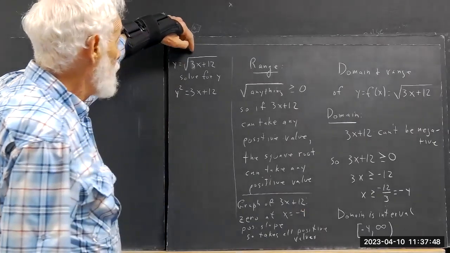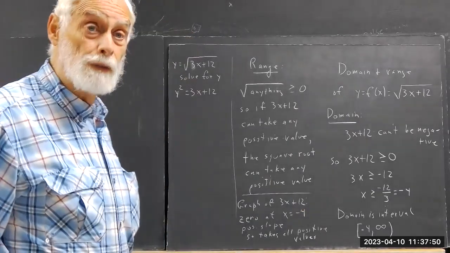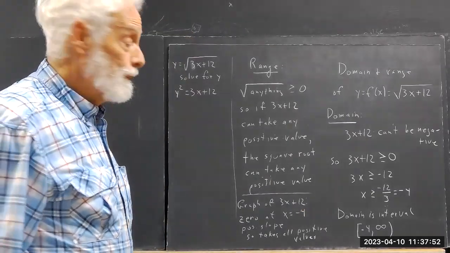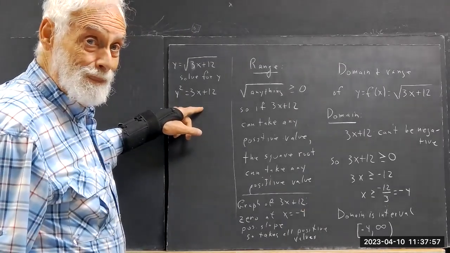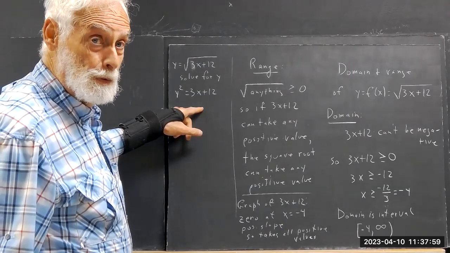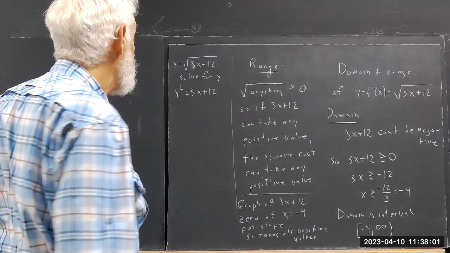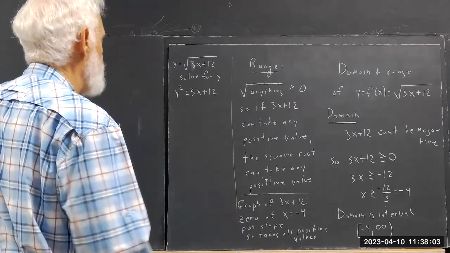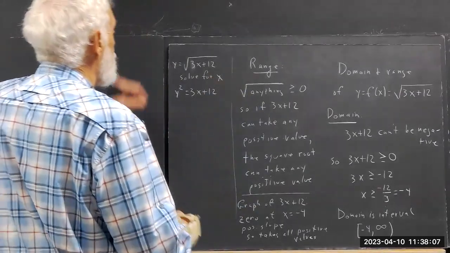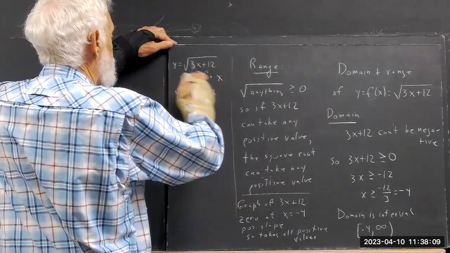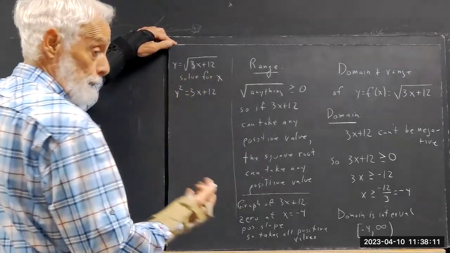Because we know that if y is less than 0, we don't have solutions. And we might well have solutions to this equation that are less than 0. And we don't want to solve this for y, we want to solve it for x. Anyhow, we want to find an x that gives us the value y.